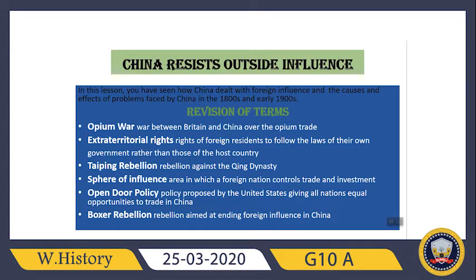And then we have the Open Door Policy. What was the Open Door Policy? It was a policy proposed by the United States, and it gave all nations equal opportunity to trade in China. Then we have the Boxer Rebellion. It was also a rebellion, and the purpose of this rebellion was to end foreign influences in China.